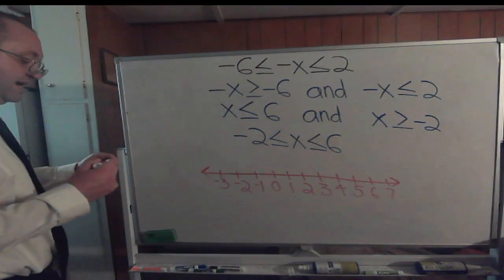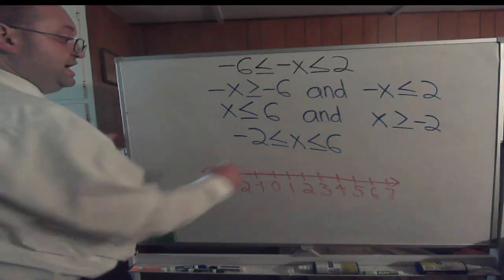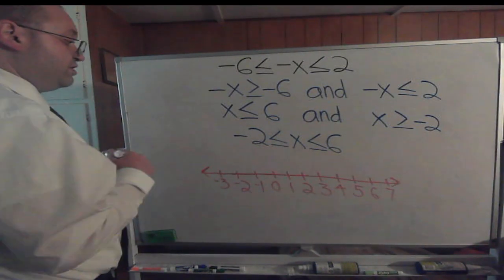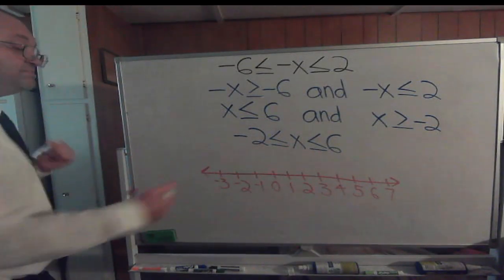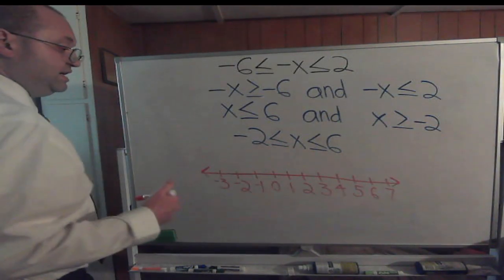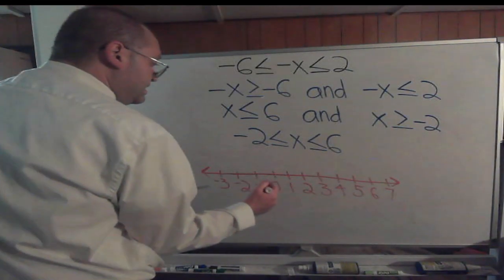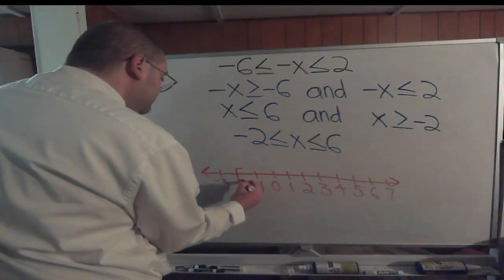Okay, so we have from negative 3 to 7. We have a very good sample. So negative 2 is less than or equal to x. That part of it means you're going to put a bracket at negative 2 since it is being included in the solution because of the equal component. And that's your first number. So at the negative 2, the open part of the bracket will face to the right.